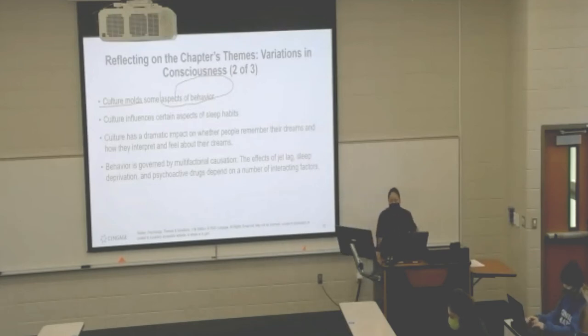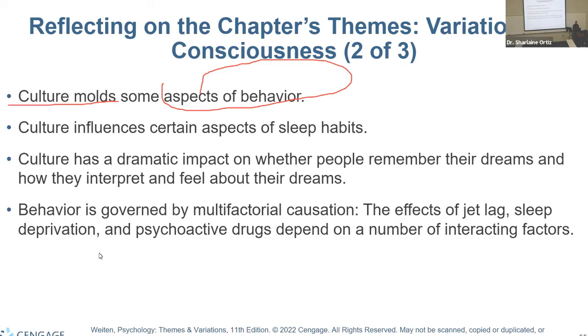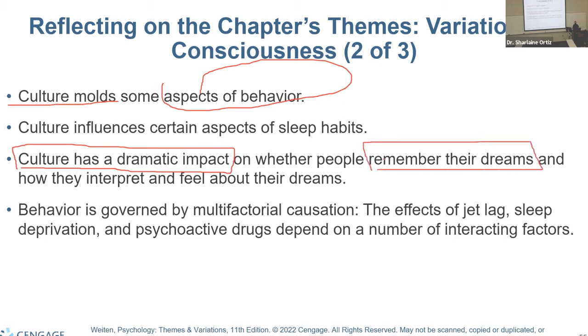As you recall, culture also has an impact on sleep habits, and we did mention that regarding individuals who, for example, have revered naps. How do we view sleeping early, waking up late? Interestingly, something that I need to mention is that culture can have an impact on whether or not people remember their dreams. But more importantly, I'd argue, is how culture has an impact on how we interpret and feel about our dreams.